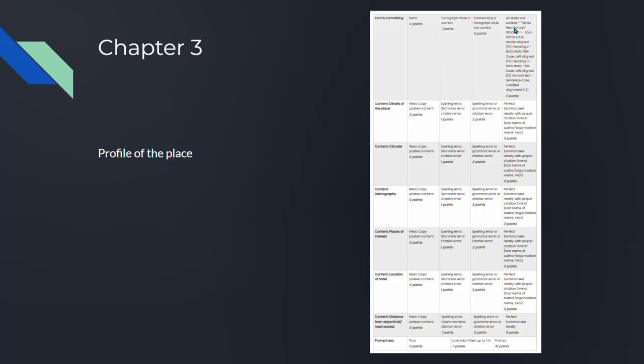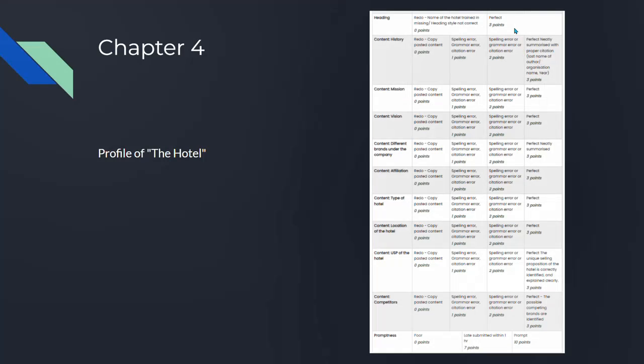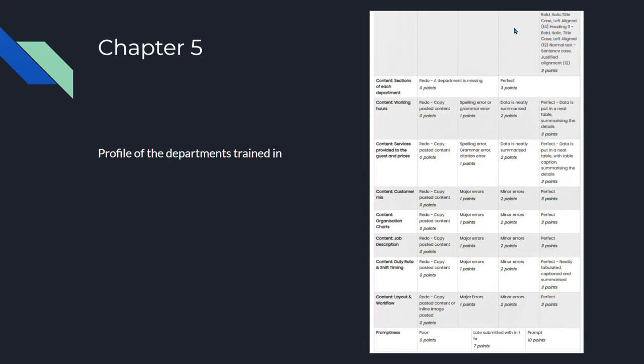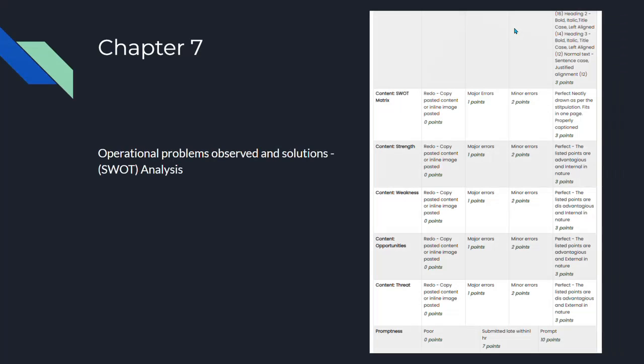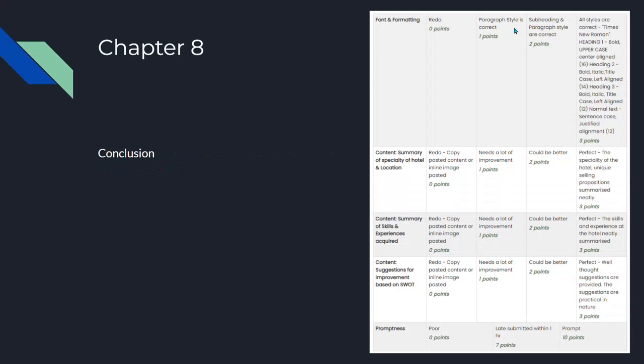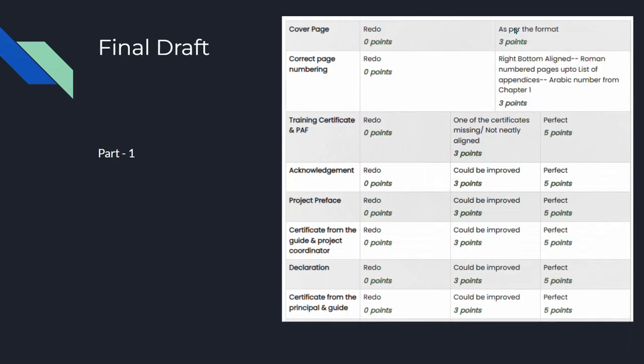Now here we have chapter 3. When chapter 3 came, there are more criteria. Chapter 4, there are even more criteria. Chapter 5, apart from the fonts and formatting, so many details are there. Chapter 6, Chapter 7, Chapter 8, and the final draft.